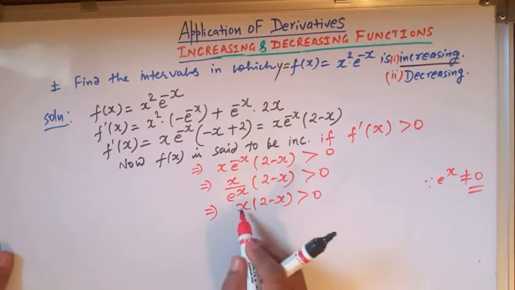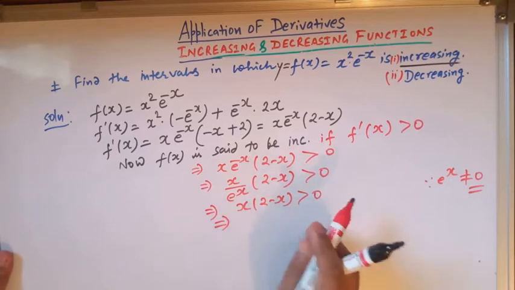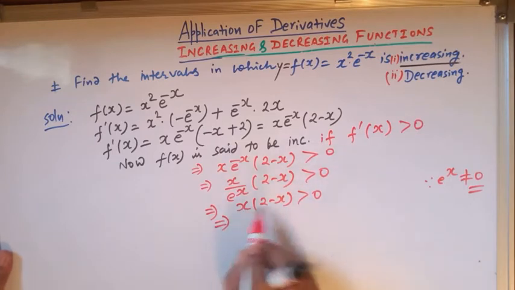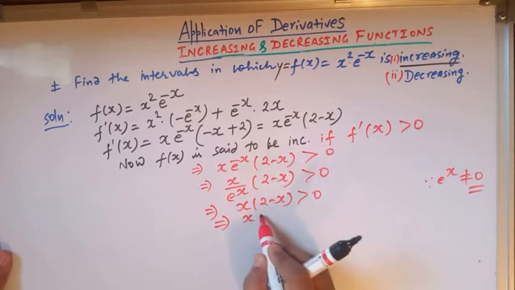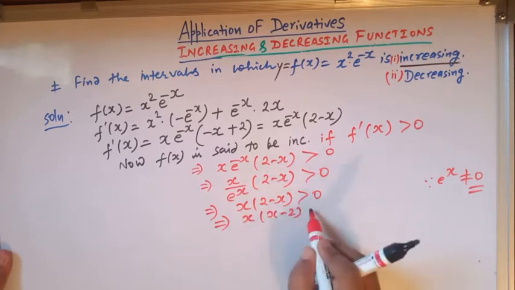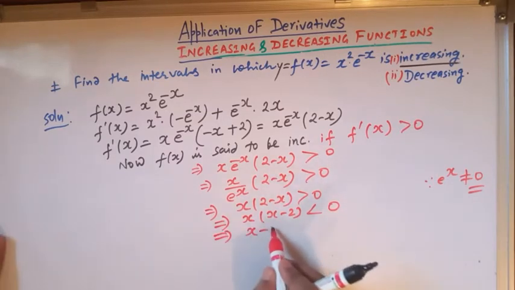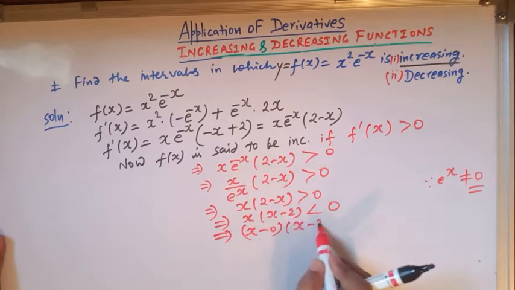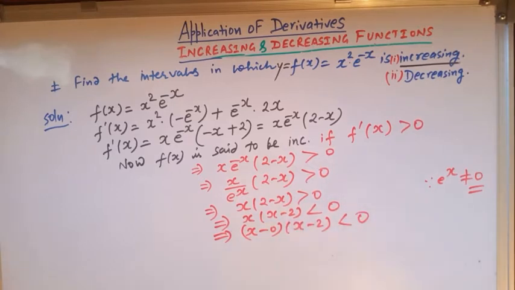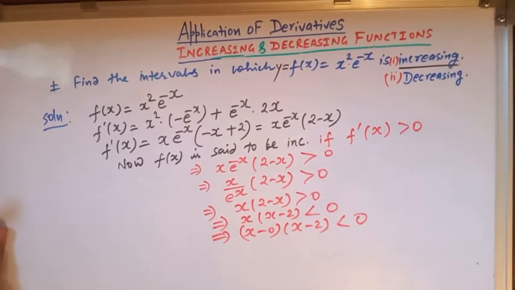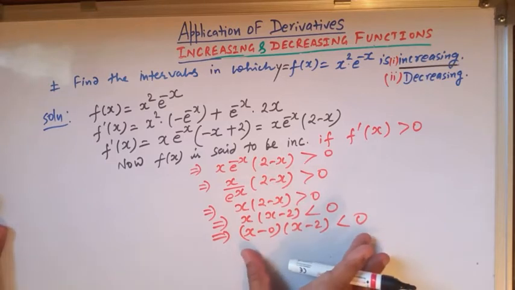Now multiplying both sides by a negative sign, we have this inequality, which can be written as (x minus 0)(x minus 2) less than 0. Now here we can find the values of x satisfying this inequality.